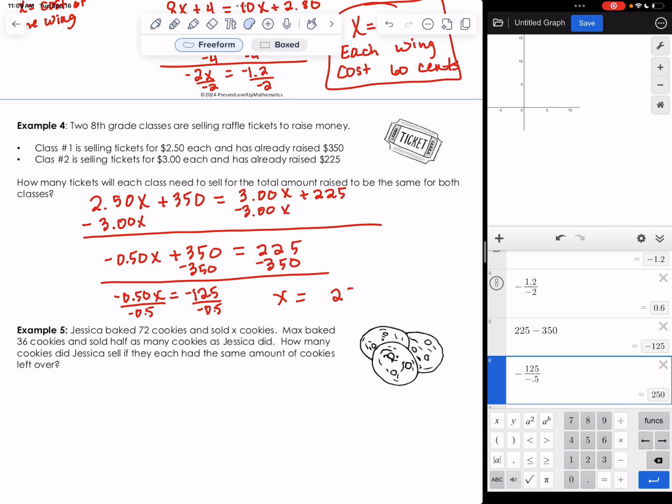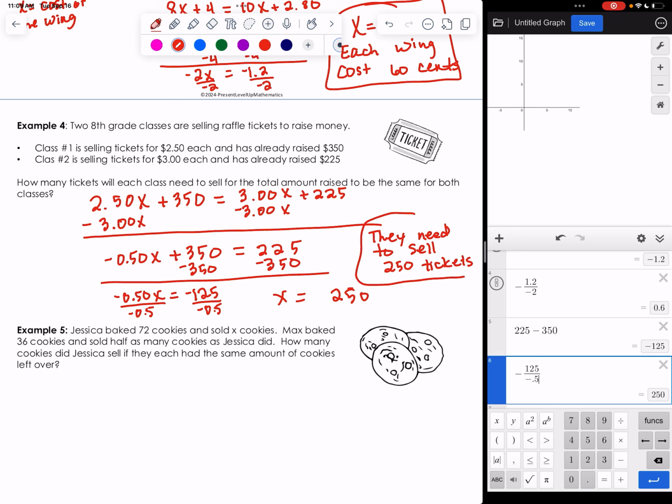This should be 250 tickets. They need to sell 250 tickets in order for both classes to raise the same amount.